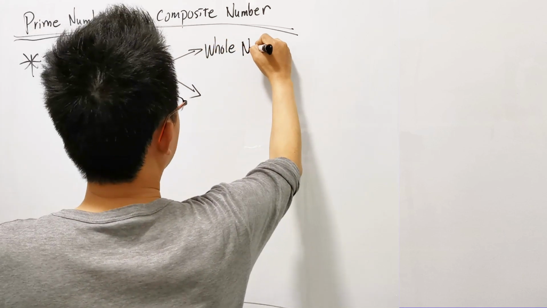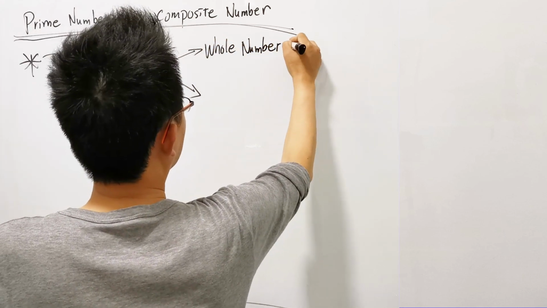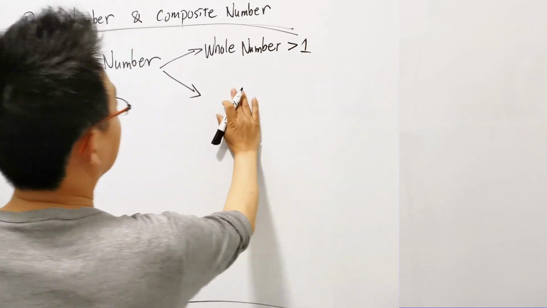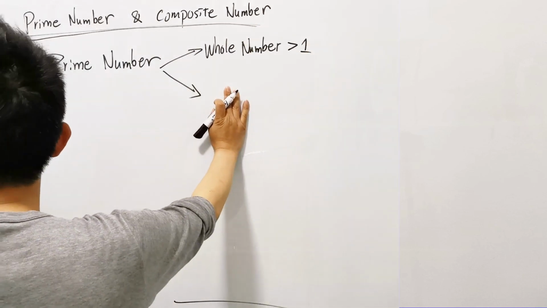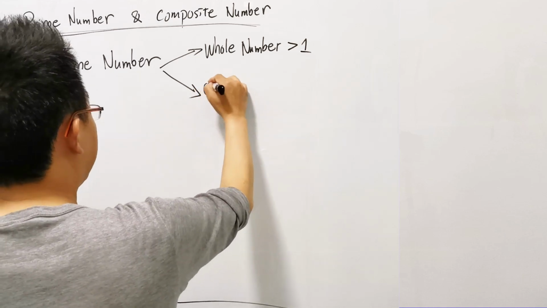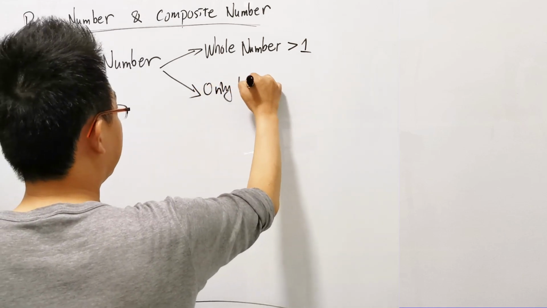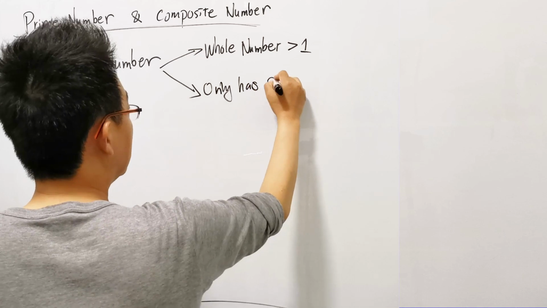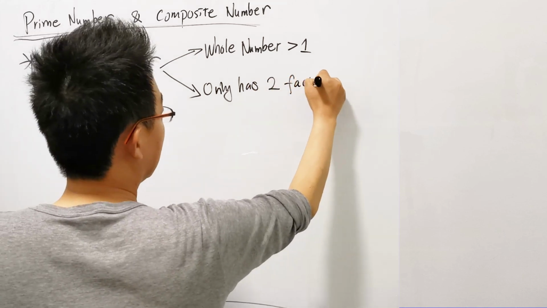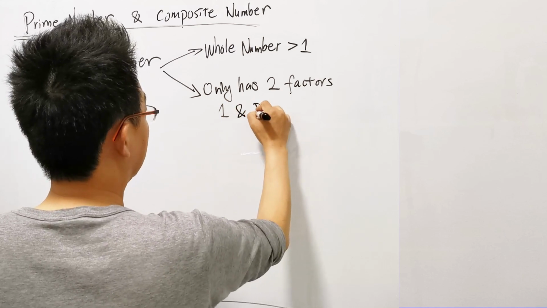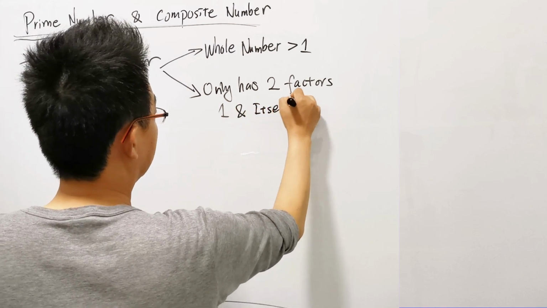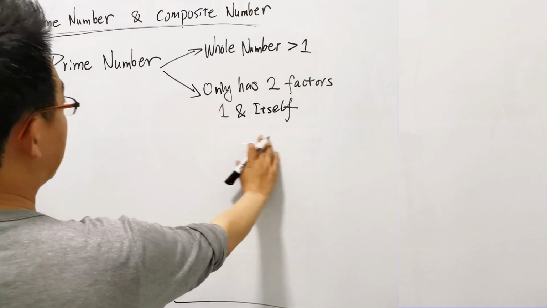And then the second thing is that it only has 2 factors, 1 and itself. So let's give some examples.